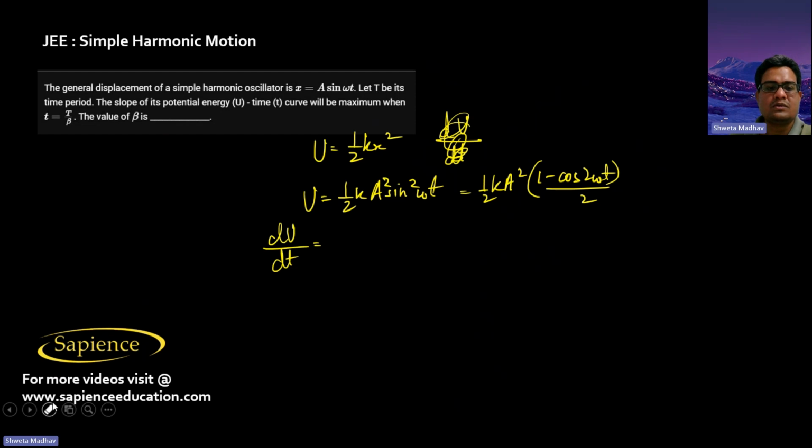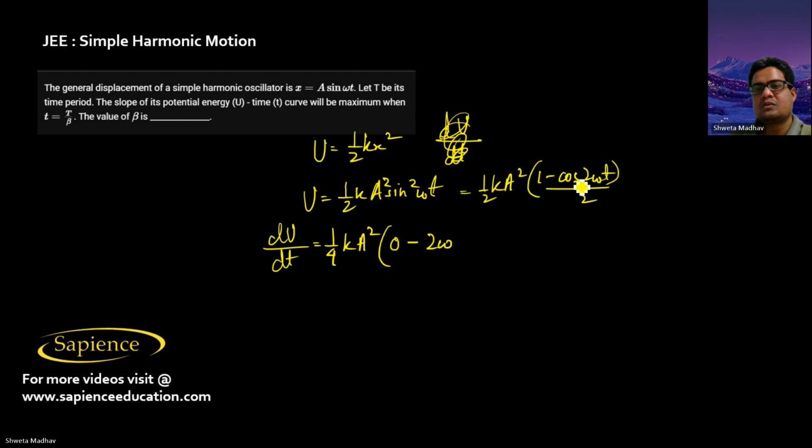So now the slope dU by dt will be equal to 1 by 4 k a square into d by dt of (1 minus cos 2 omega t). d by dt of 1 is 0, and d by dt of cos gives minus sine, so plus 2 omega into sine 2 omega t. So 2 and 2 will cancel, and this is half k a square omega into sine 2 omega t.